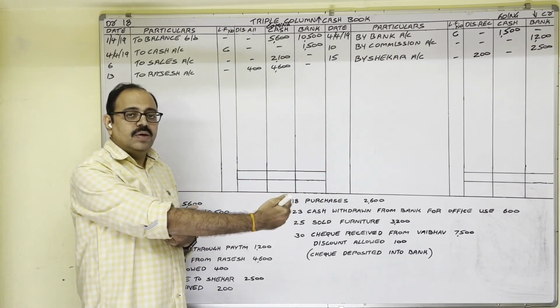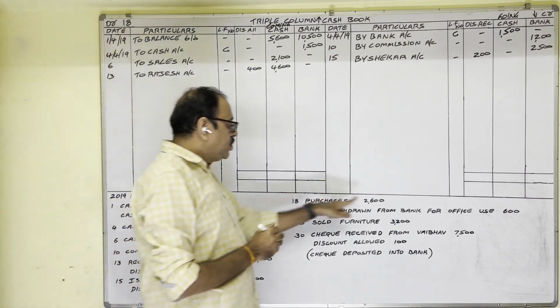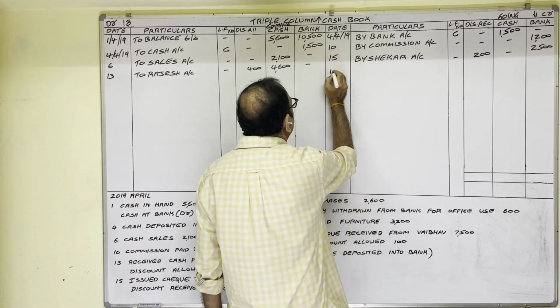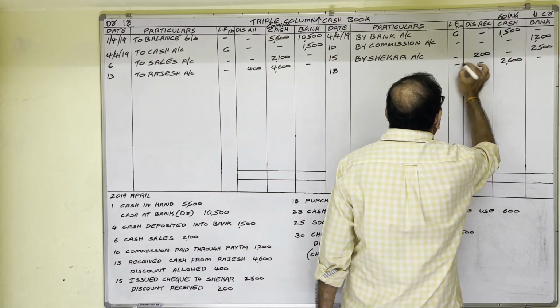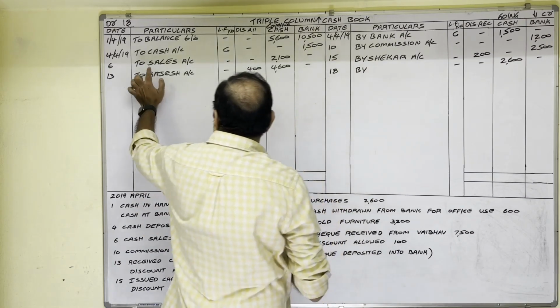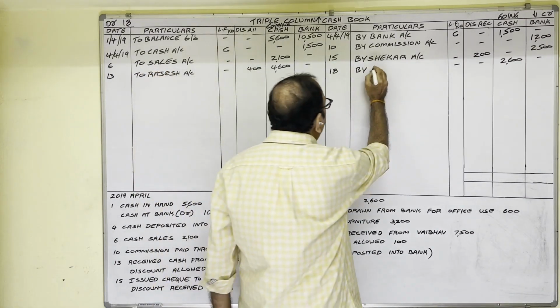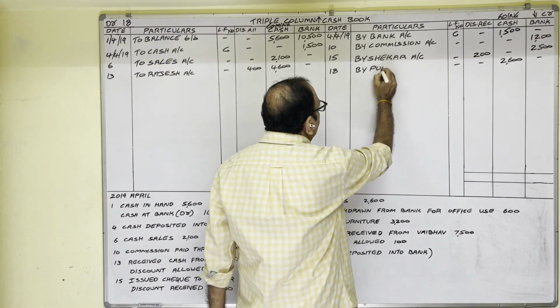So credit side, cash column, 18th day, 2600 rupees. When we sold goods, we write to sales account. When we purchase goods, we have to write by purchases account.